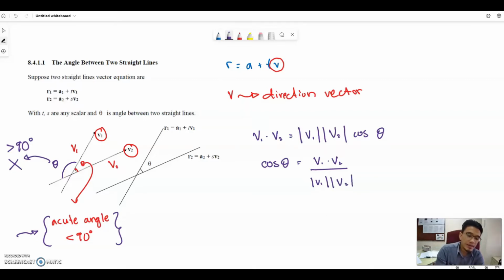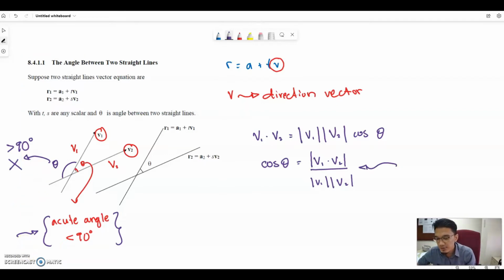To find the angle, you have to put a modulus on the dot product between V1 and V2. You have to make sure that the value is always positive. So the relation in terms of the angle between two straight lines is represented by this formula.